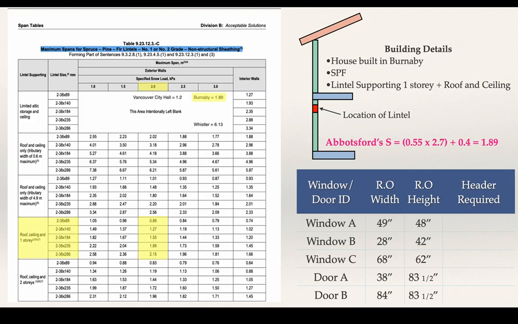Now this lintel, like we said, is going to be carrying a roof and a ceiling plus 1 story. So what we need to do then is get our rough opening, again, that's from cripple stud to cripple stud. So we're going to have to take these numbers and convert them into millimeters.